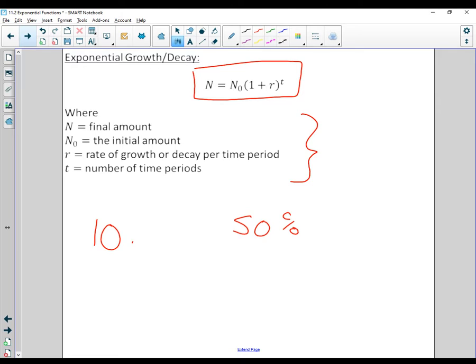If we want to increase it, we multiply by 1.5, because we want the whole 10 and then 50% more. And that's exactly what this does. If we did 1 plus 0.5, then we get 1.5. When you take it to the t, you're multiplying by 1.5, and then by 1.5, and then by 1.5 again. Every single time you multiply by 1.5, you increase it by 50%.